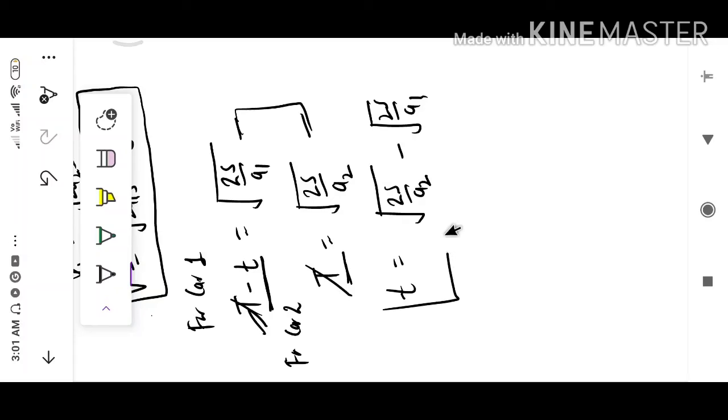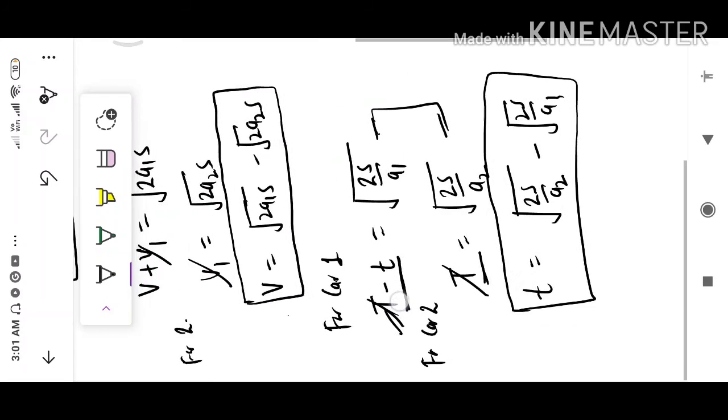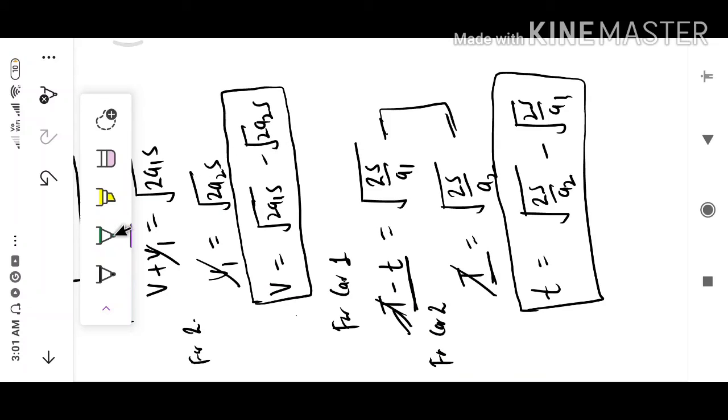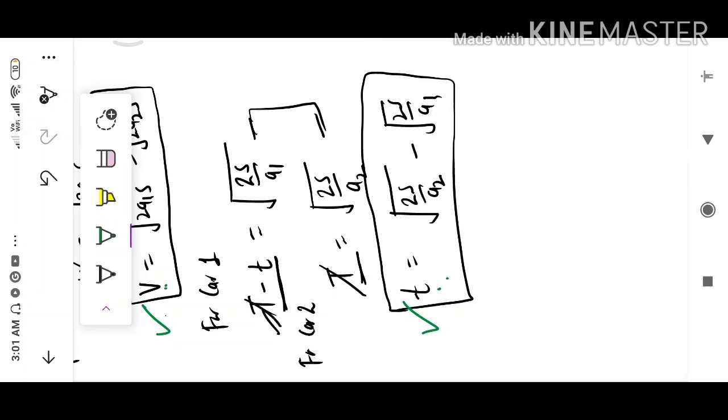This is our one equation. Now what you have to do: look at both the equations, this equation and this equation, and take the ratio v by t. So v by t is equal to, what is v?